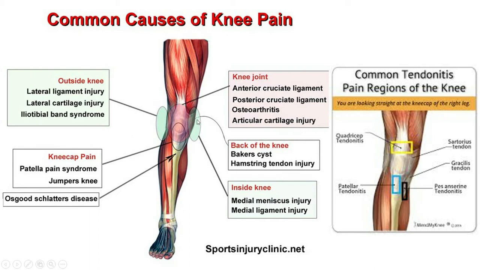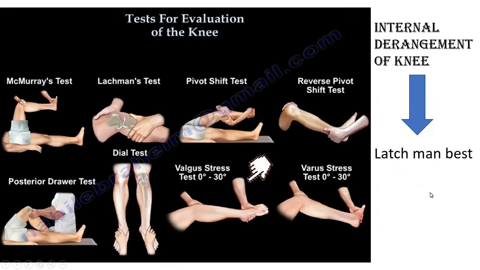And for osteoarthritis, most commonly the medial joint line will be tender, and sometimes you can see a young patient come with huge tenderness over the insertion area. This is called enthesitis. Enthesitis means inflammation of the insertion of the tendon. Pes anserine tendonitis is the most common tendonitis which you will get in day-to-day practice.